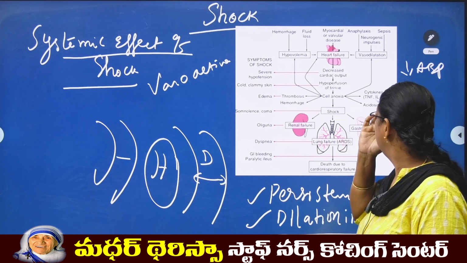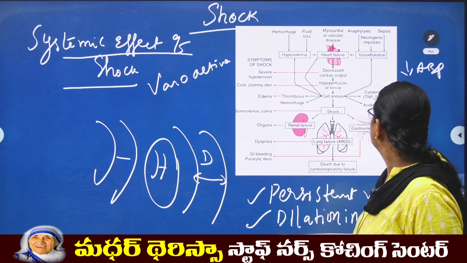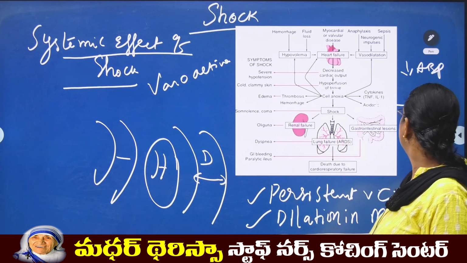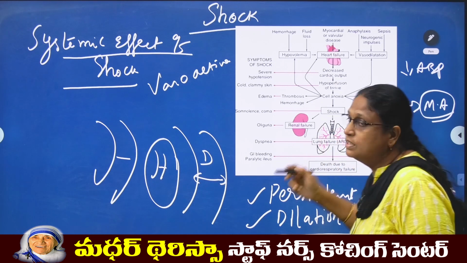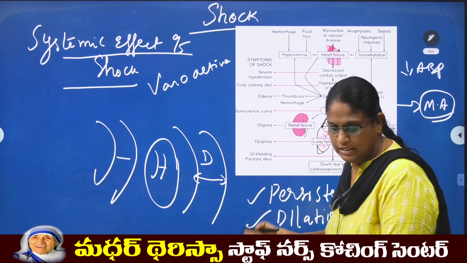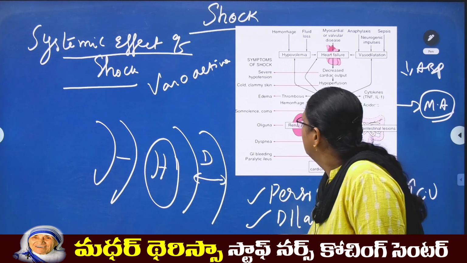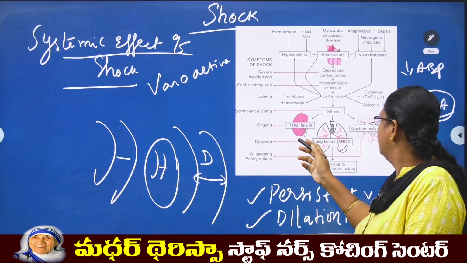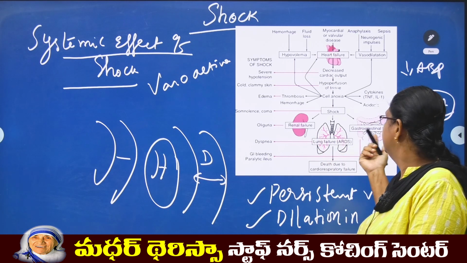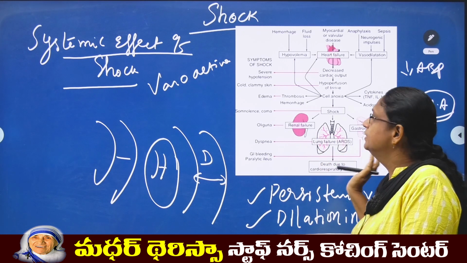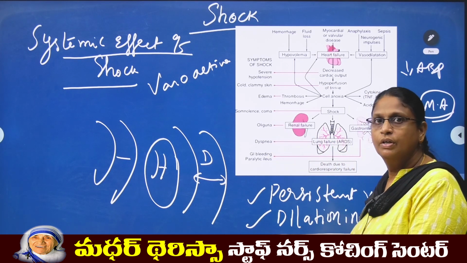That is the reason why the patient presents with metabolic acidosis. It is not respiratory; metabolic acidosis is going to develop in shock. These are all the various effects, almost brain, heart, kidney, lung, GI system are involved. These are the major systemic effects of shock.